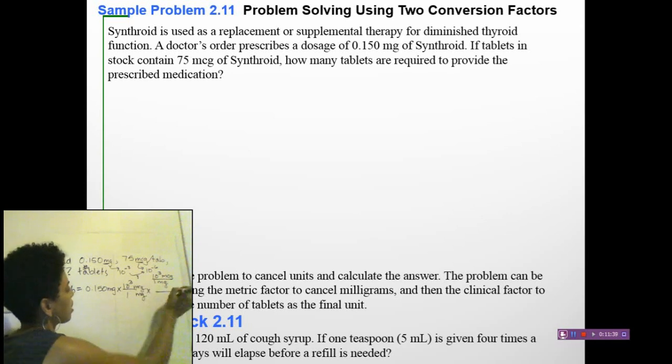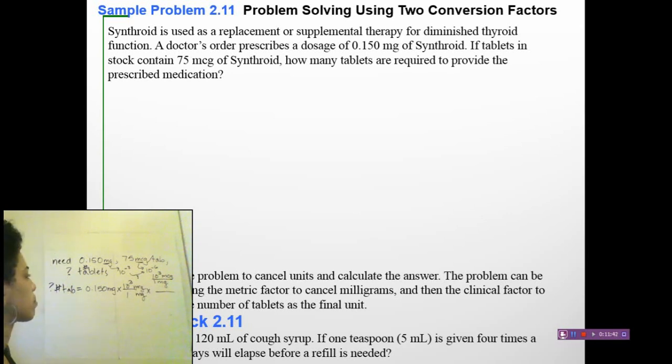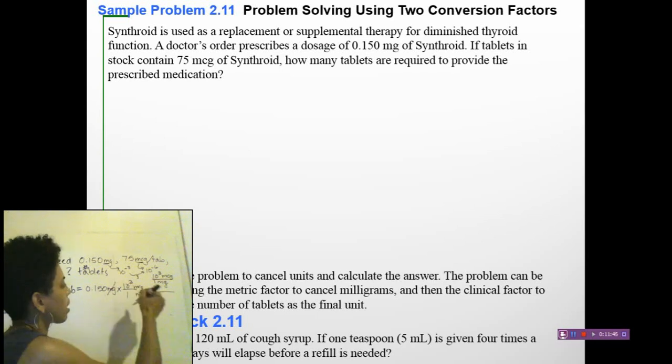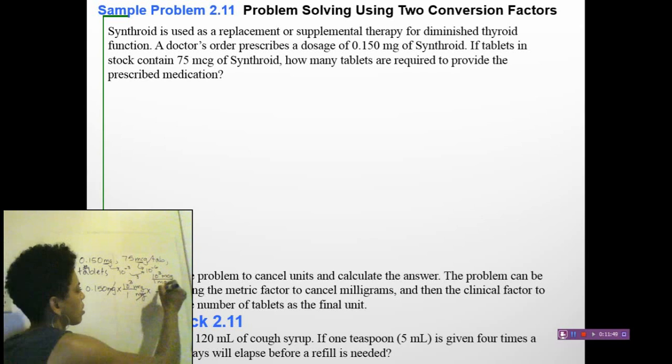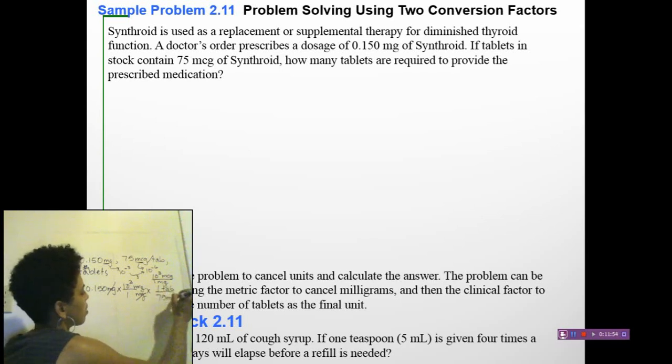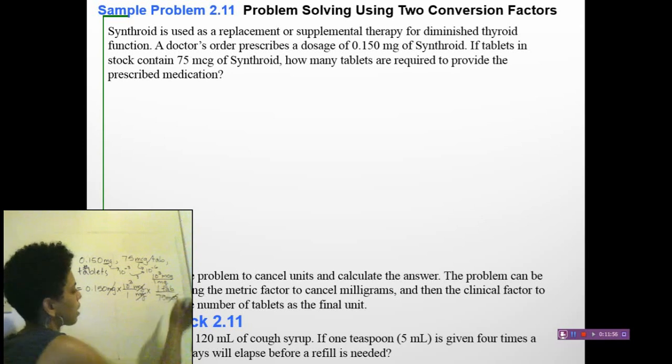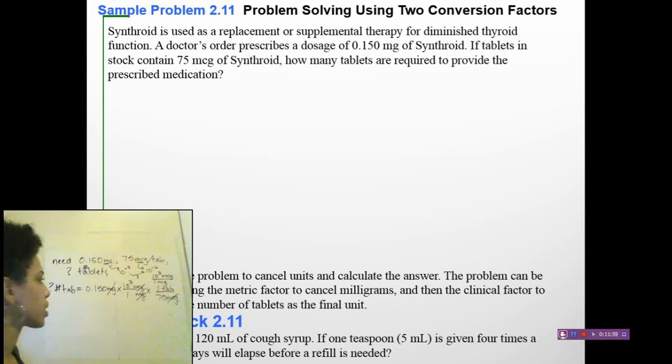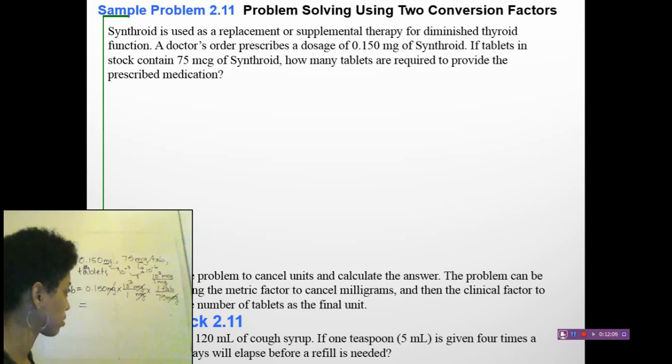And then finally, I need to cancel out here, but I still need to know how many tablets. So one tablet contains 75 micrograms. So micrograms cancel out. So I get 0.15 divided by 75, which should be 2.2, if I'm not mistaken. 0.15 divided by 75.